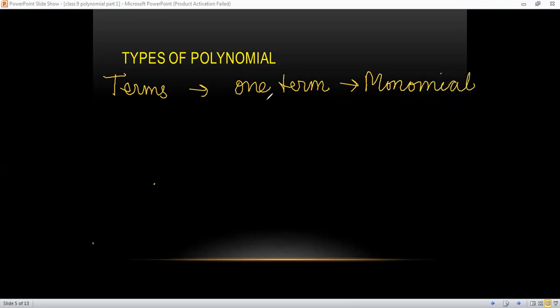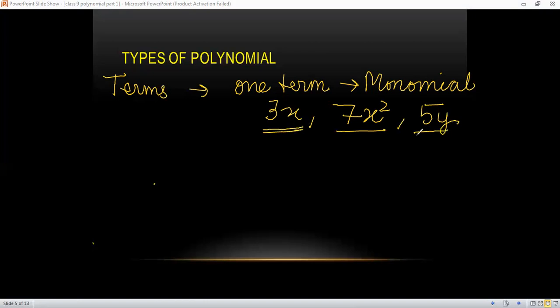For example, 3x. This is a monomial because it is having one term. If I write 7x square, or 5y, this is a single term and we call it as monomial.